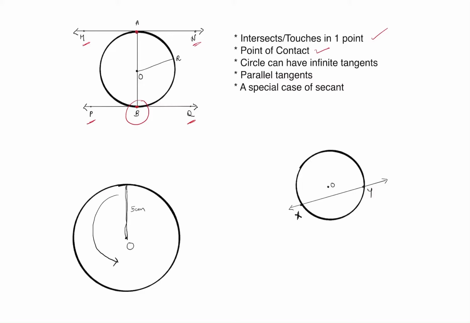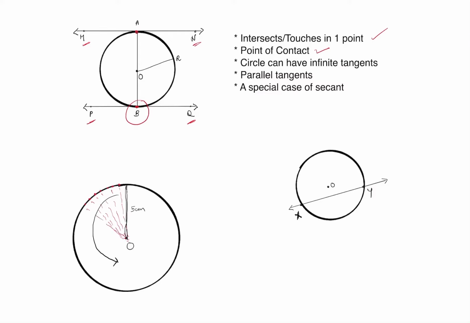Essentially, what are we doing? We are creating a line which is joining several points that are equidistant from the center, from this point over here where we place the pointer of the compass.